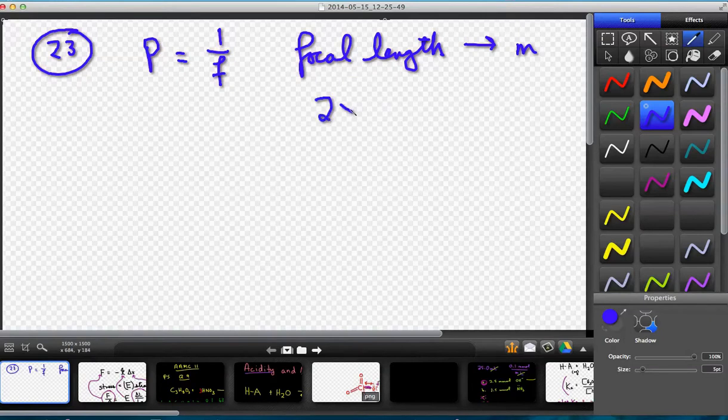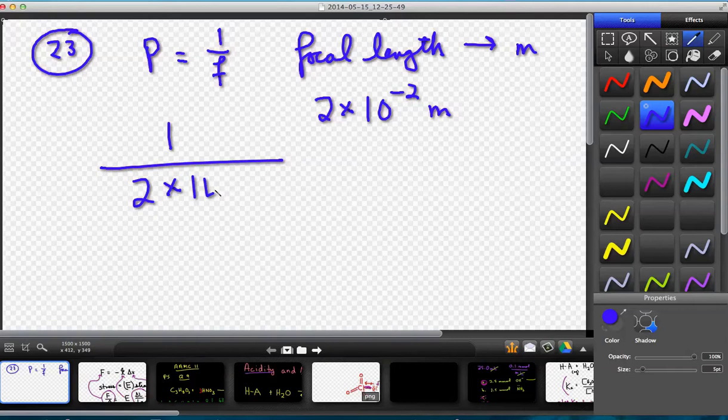That's 2 times 10 to the minus 2 meters. So 1 over 2 times 10 to the minus 2 meters is equal to 0.5 times 10 to the 2 inverse meters, which is a diopter. 50.